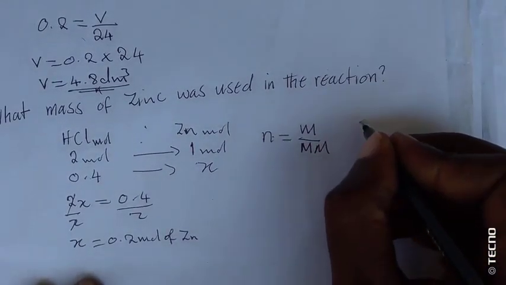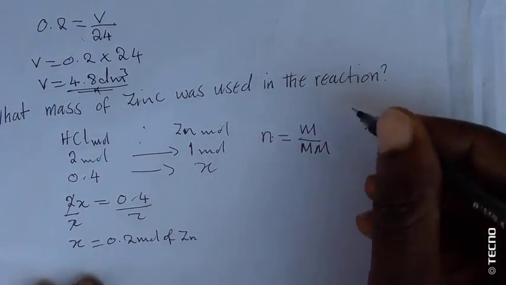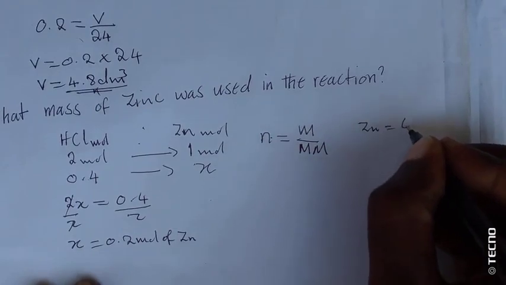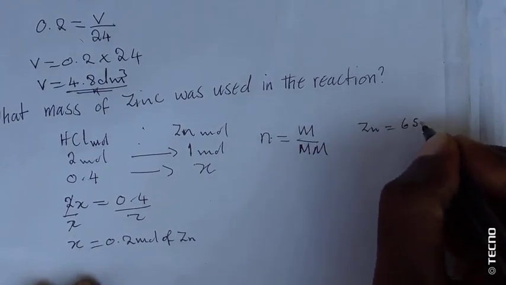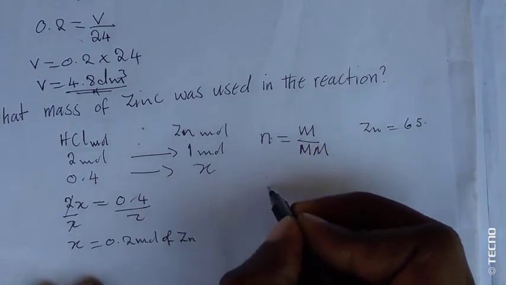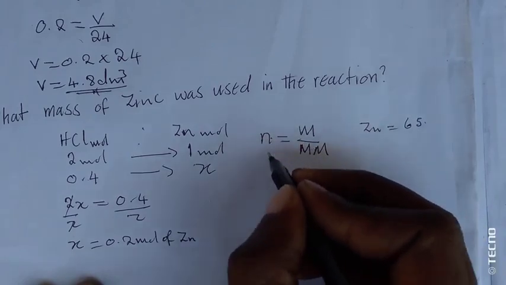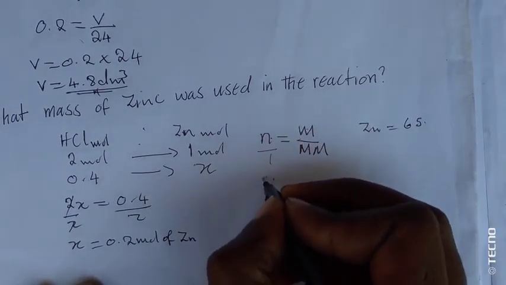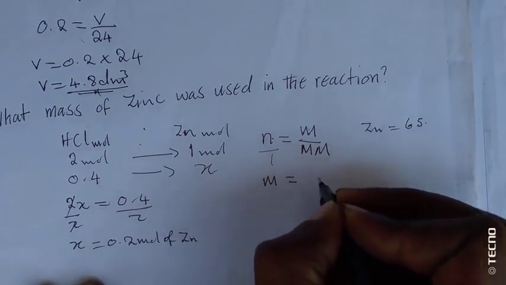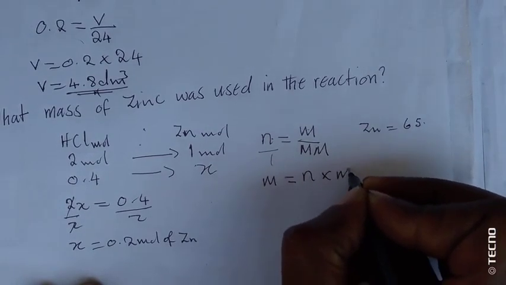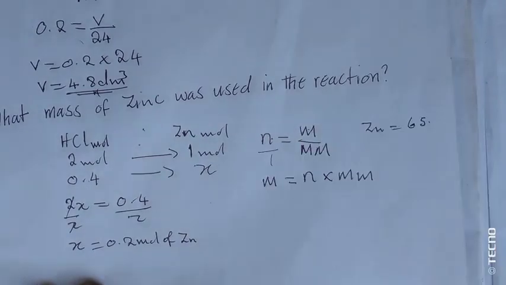So we use this 65 as our molar mass. Then where there is n, we replace it. Making m the subject of the formula, we multiply this and this, and we get mass is equal to n times molar mass.